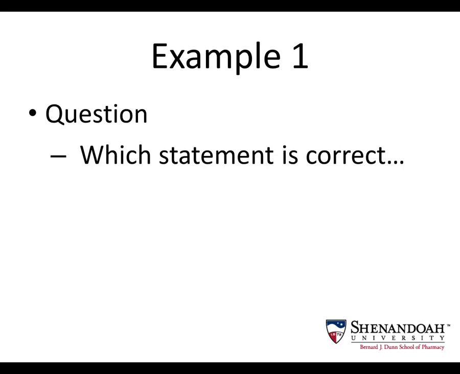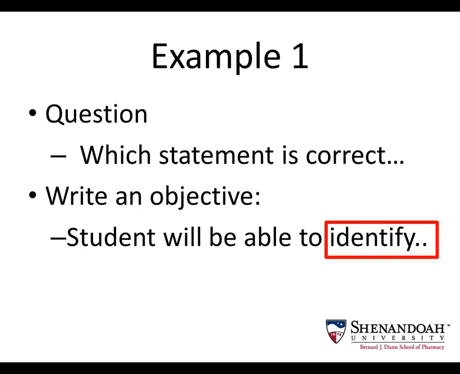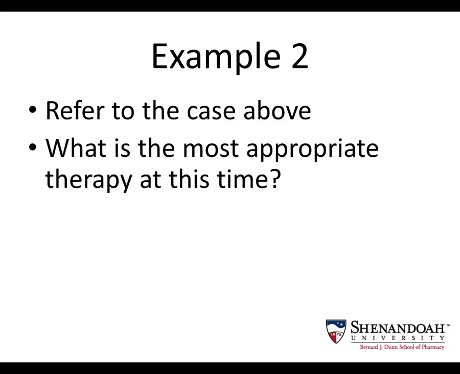So for example, if you have a test question that says which statement is correct, how would we glean a learning objective from that? A student will be able to identify. Another example. Pretend we had a case, refer to the case above.